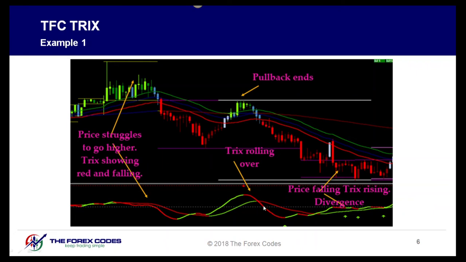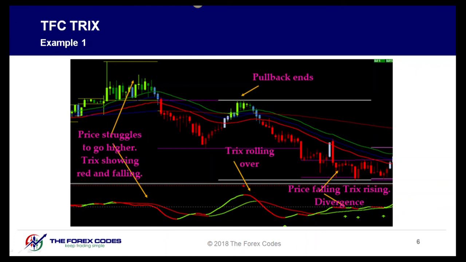And as the slow Trix goes through zero, and the fast Trix goes through zero, and the slow Trix is red as well, you can go short there. Okay? And you got a good trade, as it falls.